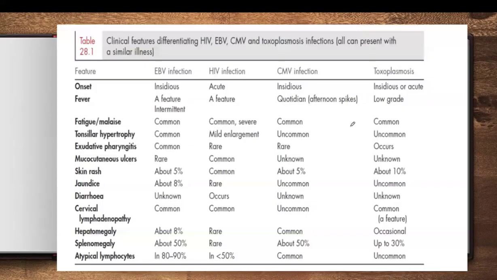Now let's have a look at this important chart, which is in your John Murtagh. So how to differentiate between Epstein-Barr virus and HIV, and also CMV and toxoplasma. First of all, Epstein-Barr virus infection and HIV both come with fever. Fever is common. Fatigue, malaise is common in all of these viral infections.